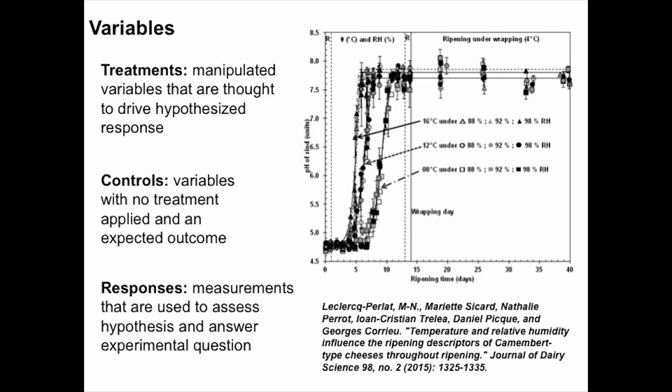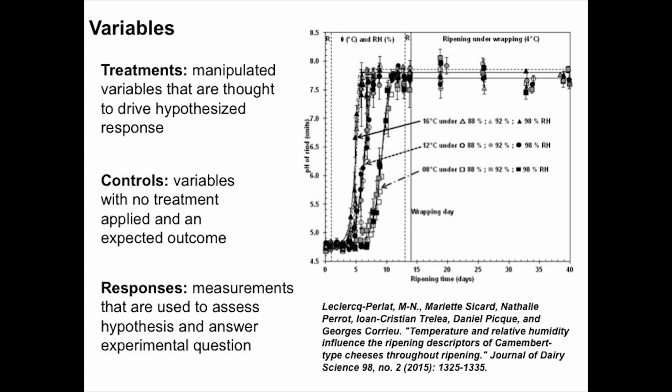This is the pH here on the y-axis, everywhere from 4.5 to 8.5. And what we're looking at, the 3 big treatments that they're trying to point out here, where these lines sort of separate right here, is the temperature that the cheese was aged at. And this is all before wrapping. So the wrapping day happens here at about, I believe, 12 days into the aging.